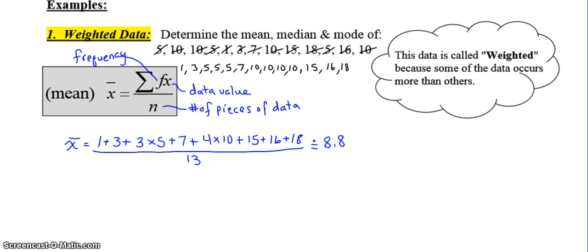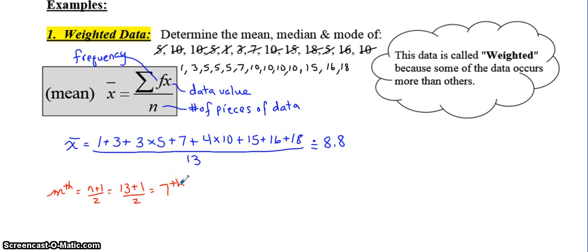To find the median, we want to find the mth position. So remember, you take the number of pieces of data, add 1, divide it by 2. So there are 13 pieces of data, plus 1 divided by 2 is 14 divided by 2, which is 7.